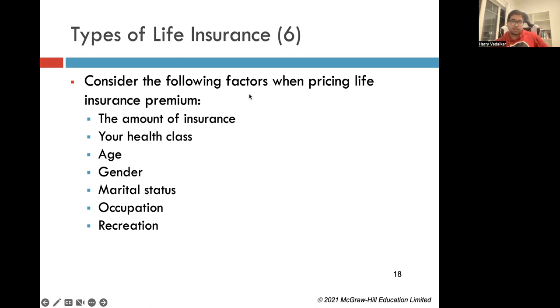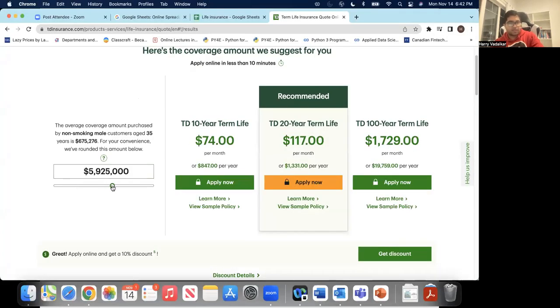Next, consider the following factors when pricing life insurance premium. You need to check the cost of the amount of insurance you need, because if the insurance amount goes up, the premiums will go up. We saw that if you change the premium amounts, right? If it is $50,000, it's only $14.